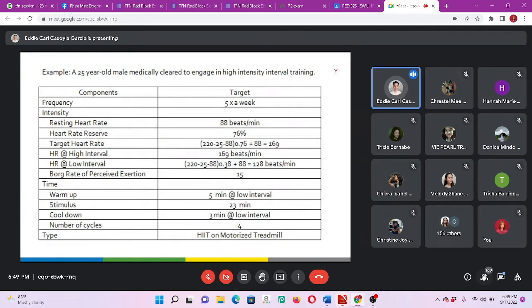Okay, so next would be heart rate at low interval. So copy the first formula, 220 constant minus your age, minus resting heart rate, times 0.38. So this time, why 0.38? Why is it not 0.76? Anyone?